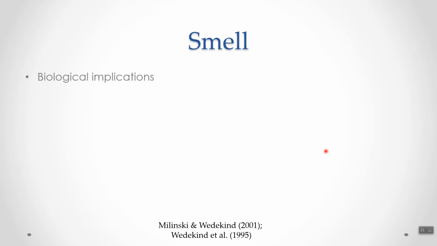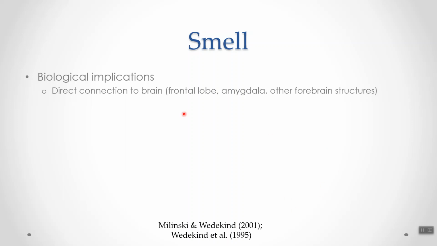So let's talk about some biological implications, right? Let's talk about why smell might be important to us. So we have that direct connection to the brain, right? The frontal lobe, amygdala, other brain structures. And so it bypasses the thalamus in this way and allows us to have a more direct kind of connection, right?